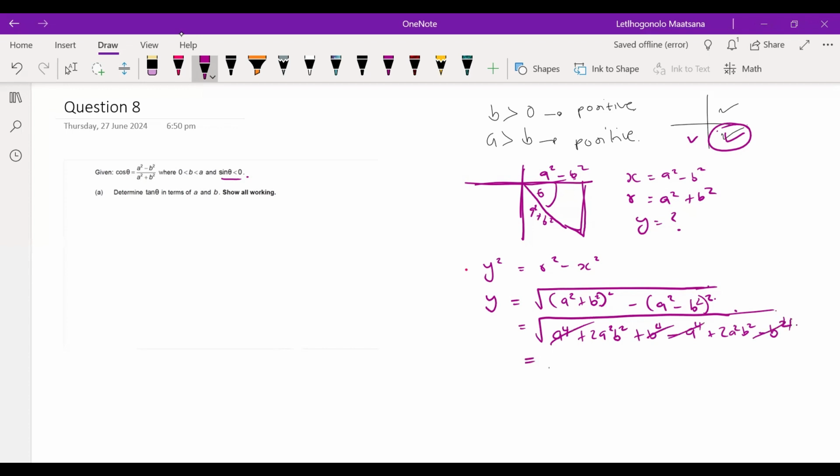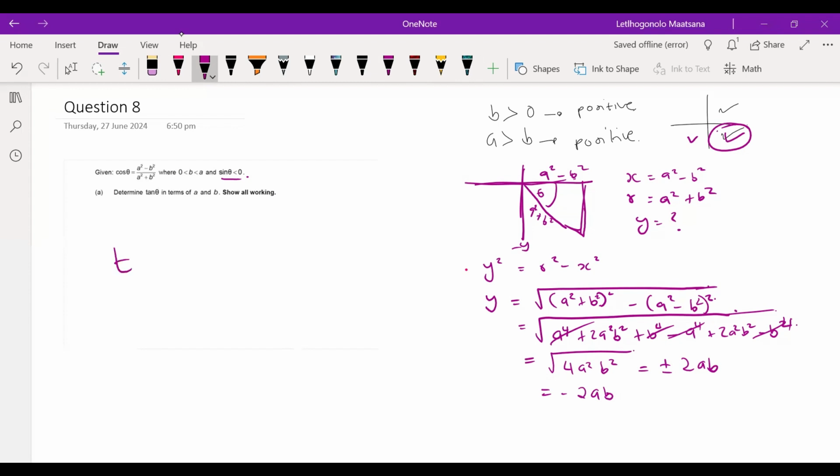So we're left with the square root of 4a squared b squared, and that will just give us plus or minus 2ab, because it's a square root. Looking at the y values in our negative y-axis, we're going to accept the negative value in this case.